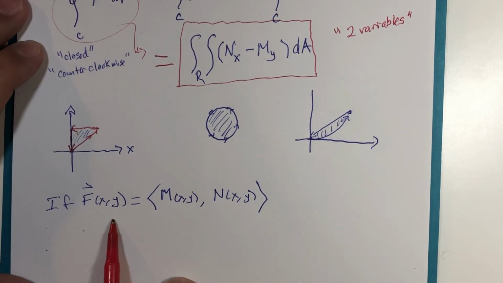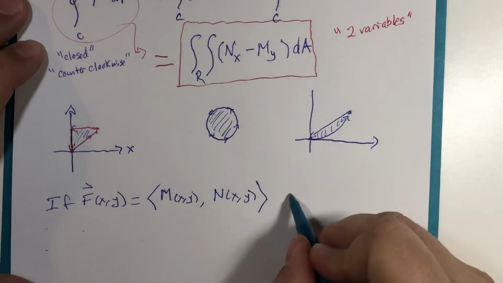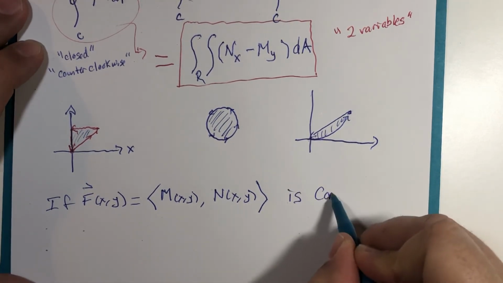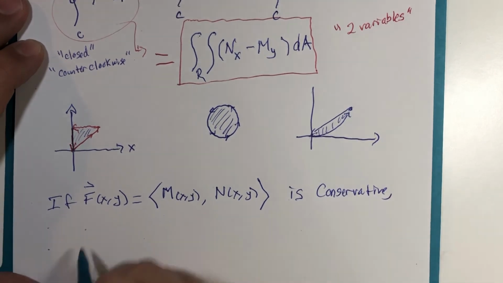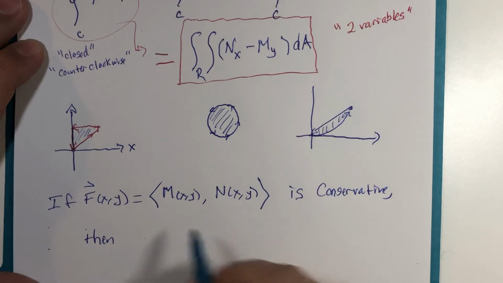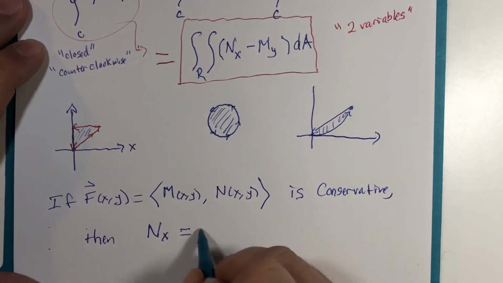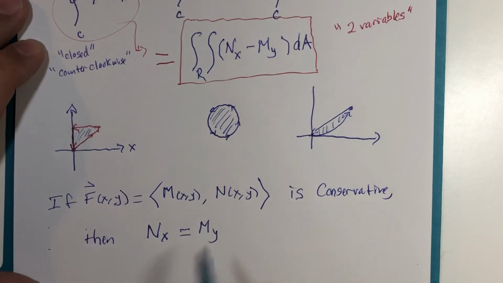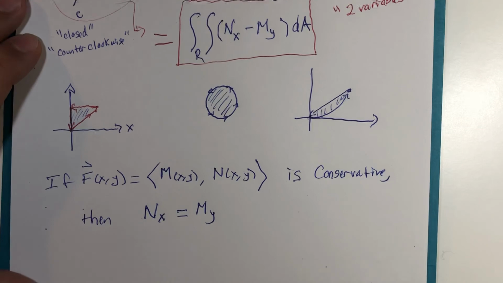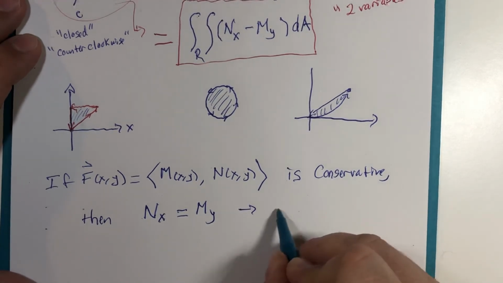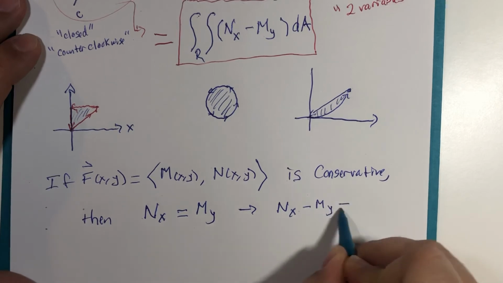But if you have this vector field and it is conservative, then that means N with respect to x is equal to M with respect to y. That's the test for conservative vector field. And that means that N with respect to x minus M with respect to y would be 0.